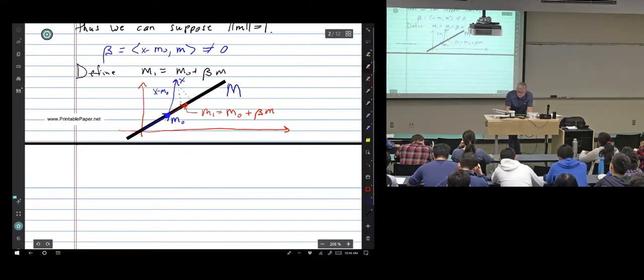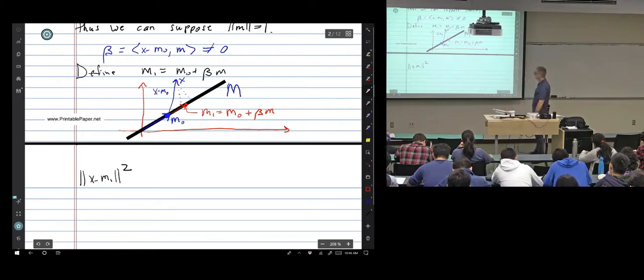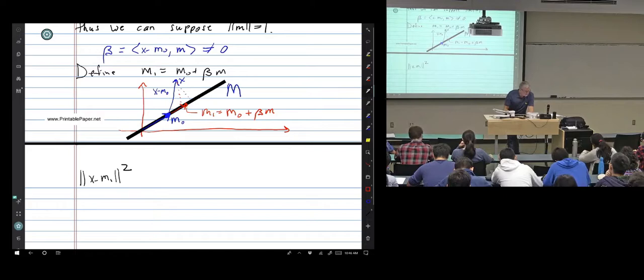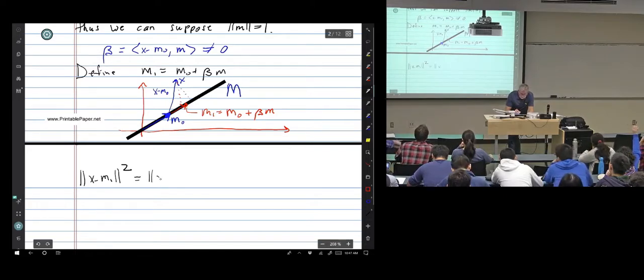Okay. So we're going to look at the norm of x minus M1, and it's always easier to look at its square because then it's done by an inner product. So this is x minus M0 minus beta times M, squared.